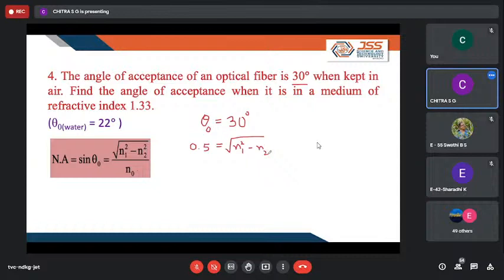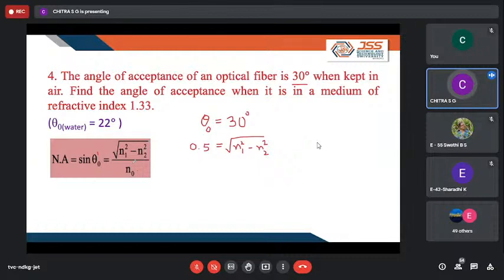If I have the same equation for water, I'll write it as sine theta naught, and I have to find theta naught when the fiber is in water. You can write water in the suffix, or you can write sine theta naught dash, which will be equal to square root of n1 square minus n2 square divided by n naught dash.